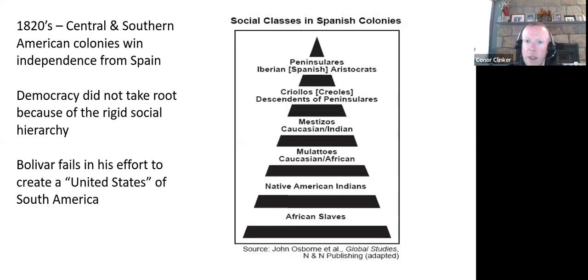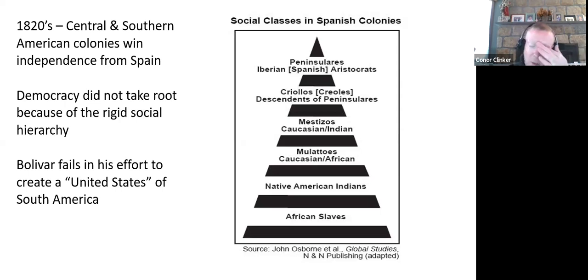So they're still ethnically European, but they were born in Brazil or Argentina rather than Spain or Portugal. Below them, you have two mixed race groups: mestizos, that's mixed European with Native American, and mulattoes, that's mixed European with African.